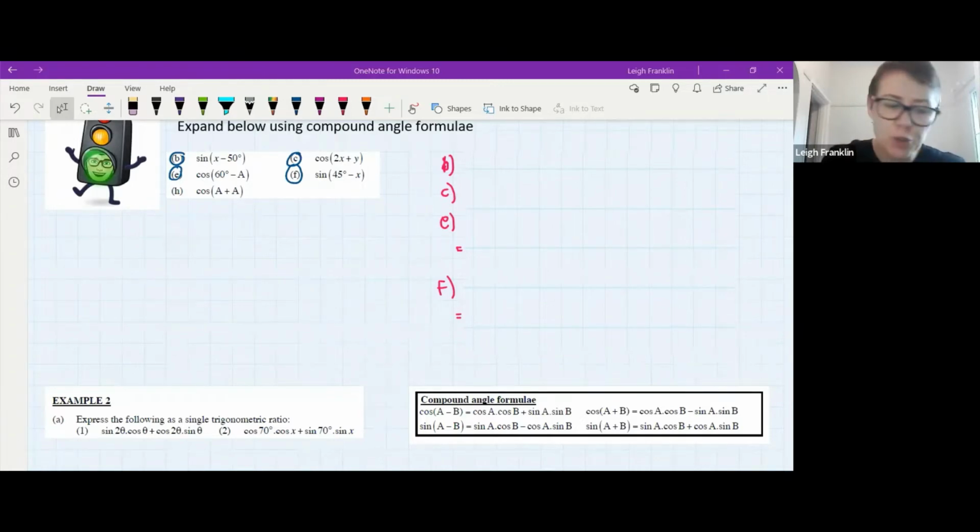If you're finished, you can pop the word done or a thumbs up into the chat. Cool, Kumo.